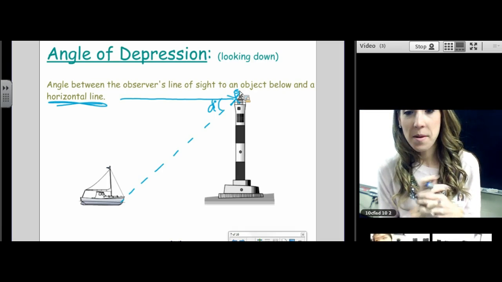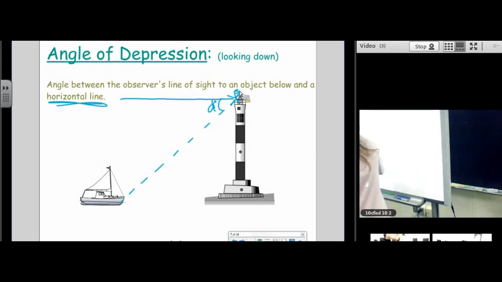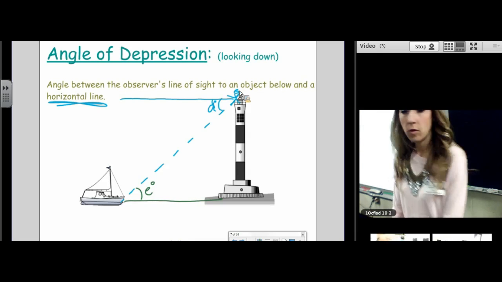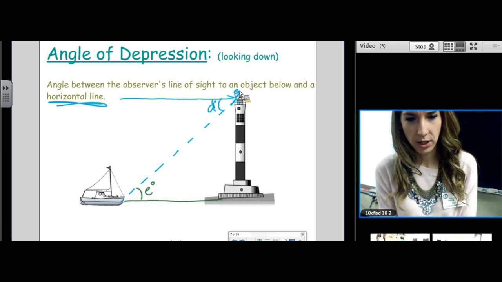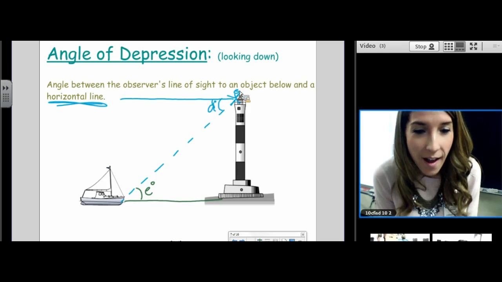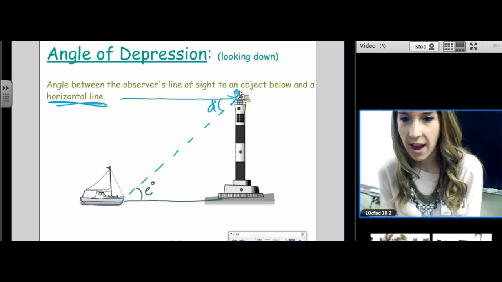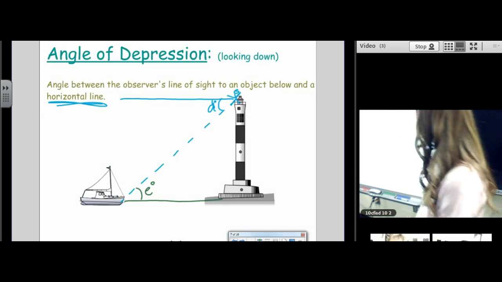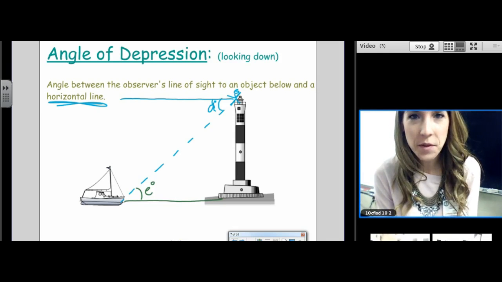Okay? Now, what do you think is true about the angle of elevation and the angle of depression? If I put the angle of elevation back in here, what do you know? What's the vocab word for the angle of elevation and the angle of depression? Congruent is true, but it's not the vocab word. Oh, you got it, Chloe. They are alternate interior angles. And so the angle of elevation is always congruent to the angle of depression.